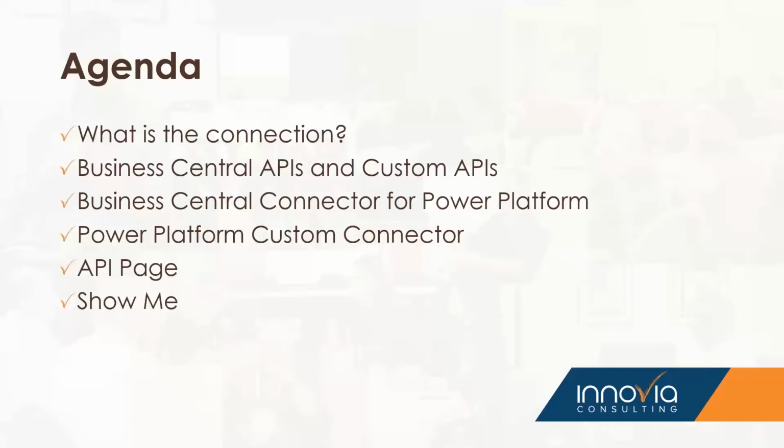And then I'm going to talk about the Power Platform custom connector. Microsoft has worked with multiple vendors and partners to build out-of-the-box connectors to Excel, Business Central. I think there's one for Salesforce and a number of others.